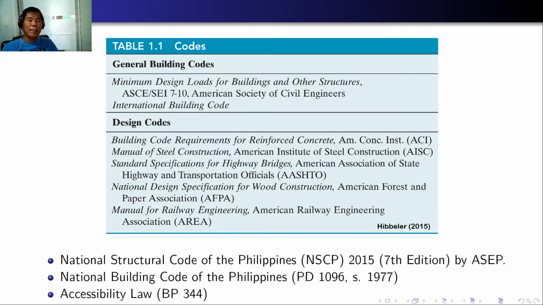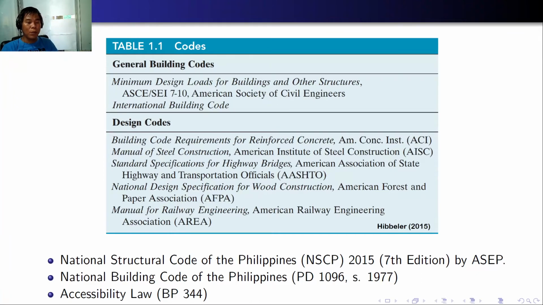For the design codes, we normally use the ACI, the Building Code Requirements for Reinforced Concrete. Also, we have the Manual of Steel Construction for the AISC, and for highways, there is also for the wood construction and for the railway construction.